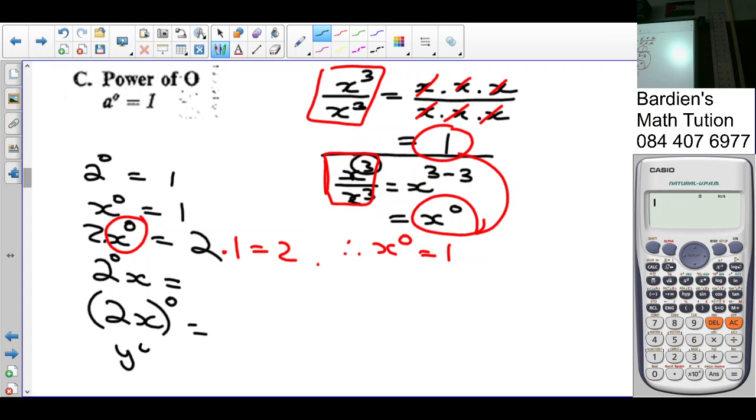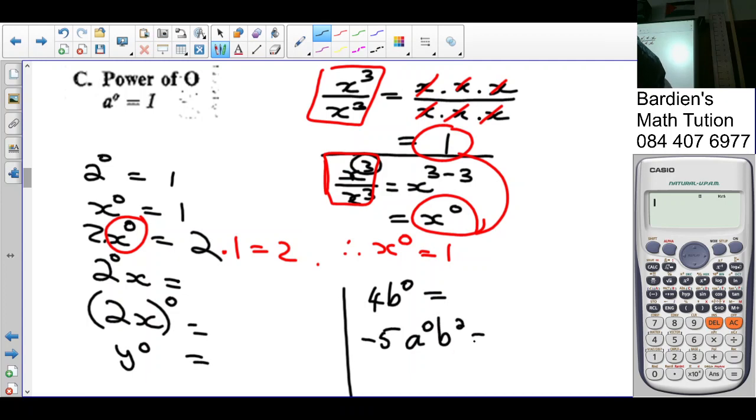There are 4 sums you can answer quickly.